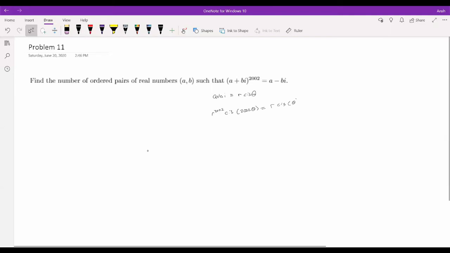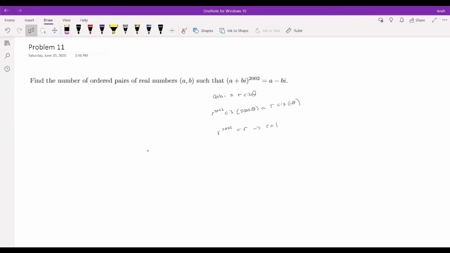And this is equal to r cis of negative theta. Well, we can see that the magnitudes are r to the 2002 and r respectively. So that means we get that r to the 2002 equals r, which only has one real solution, which is 1, and magnitude is always real. So we know that r is equal to 1.